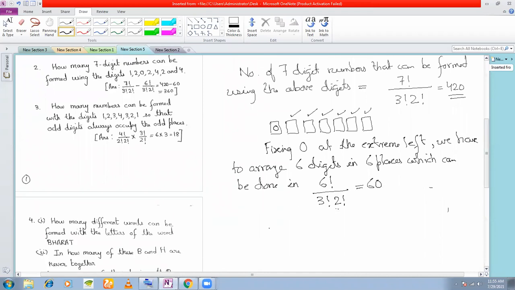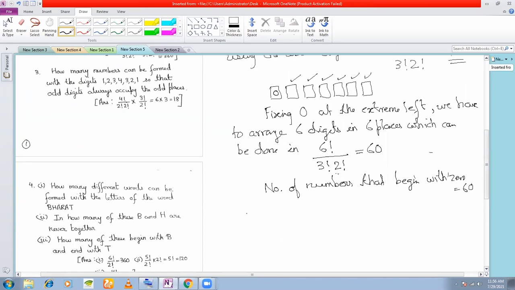So the number of numbers that begin with 0 is 60.